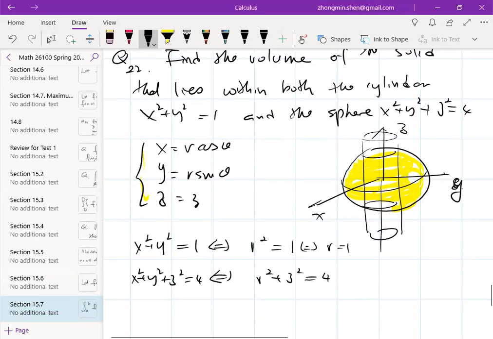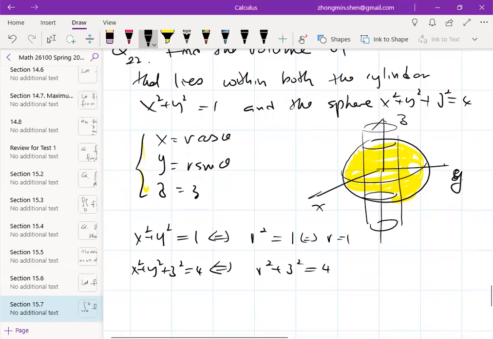So how can I describe the region? It's outside of the cylinder, so it must be greater than or equal to 1.